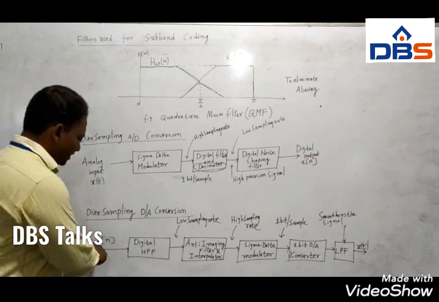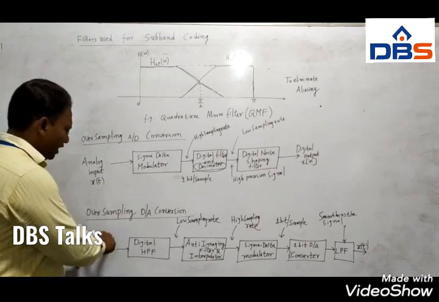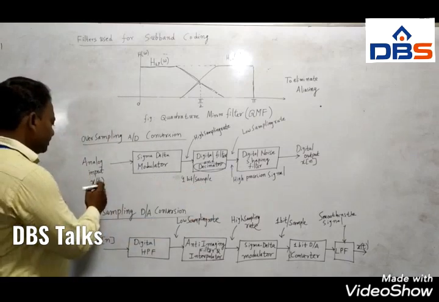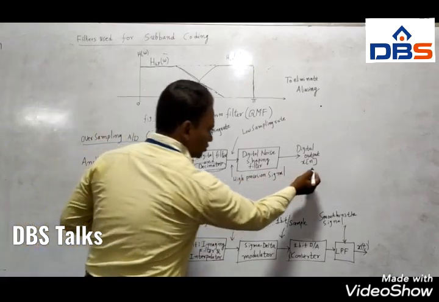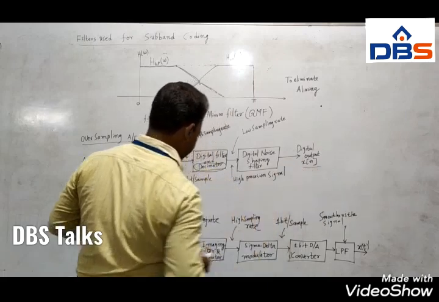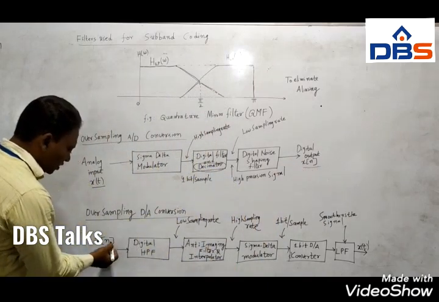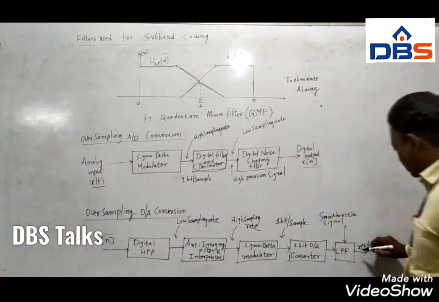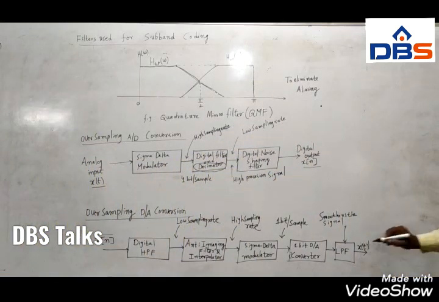We take the digital signal X of n, and X of n is converted to x of t. Here this is the analog signal x of t, and the digital signal x of n. We take the digital input and convert it into a continuous time signal x of t.